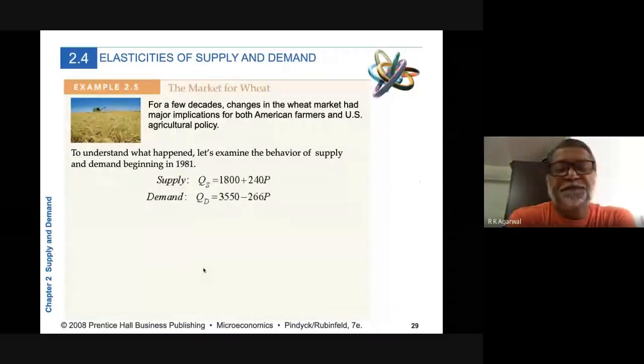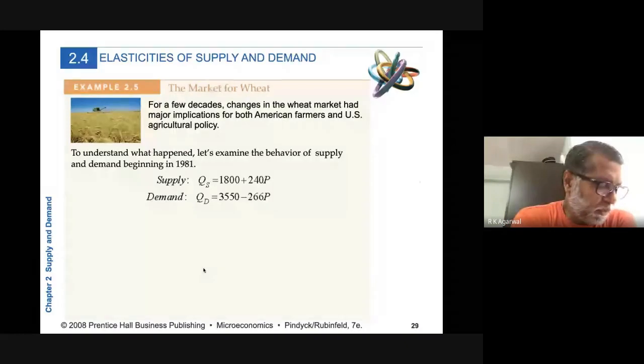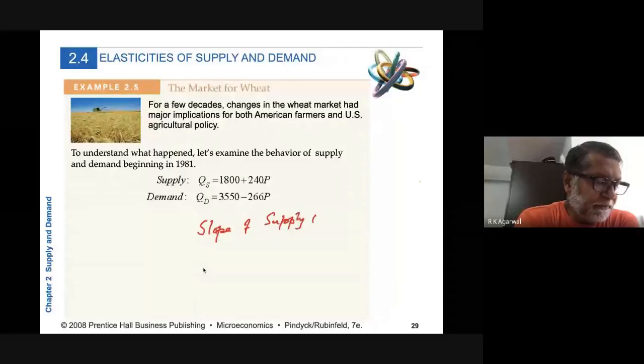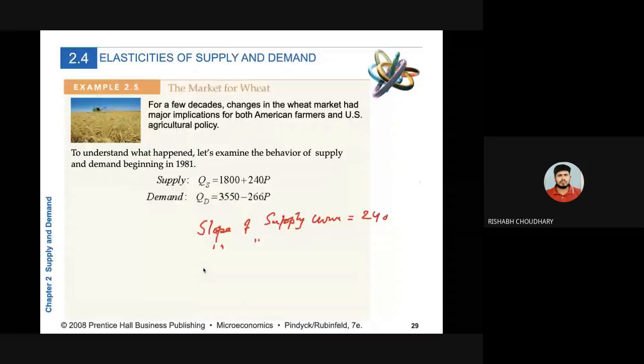Okay, so in case of the supply curve, what is the slope? The slope of the supply curve is 240. What is the slope of the demand curve?